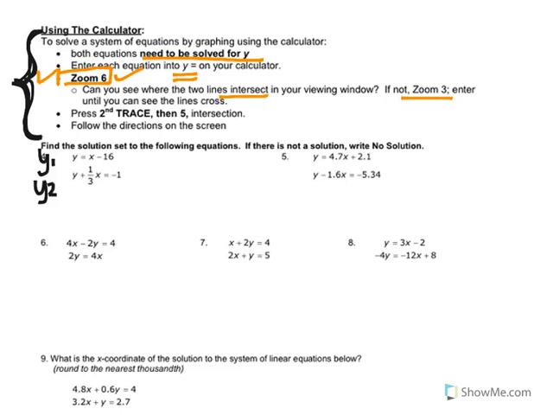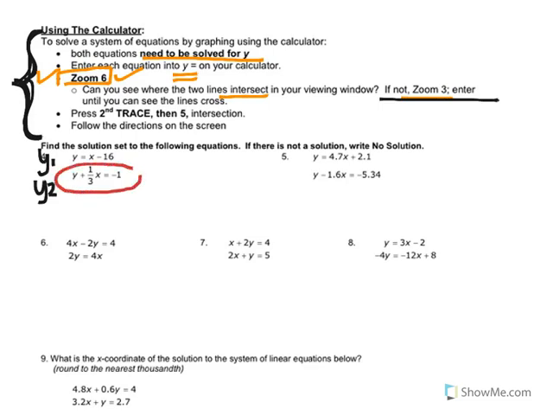Look to see if you can see both equations. You can see both equations, but we want to be able to see where they intersect. If you can't see where they intersect, do Zoom 3 enter. Then second trace 5, enter, enter, enter, and you'll have it.